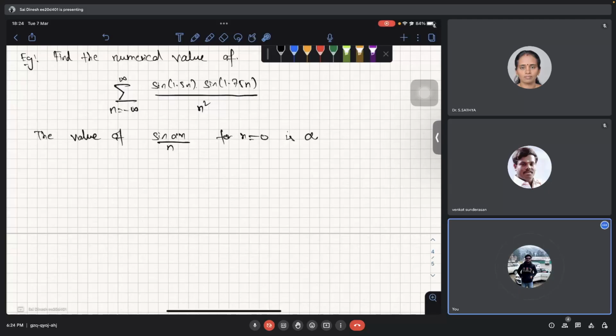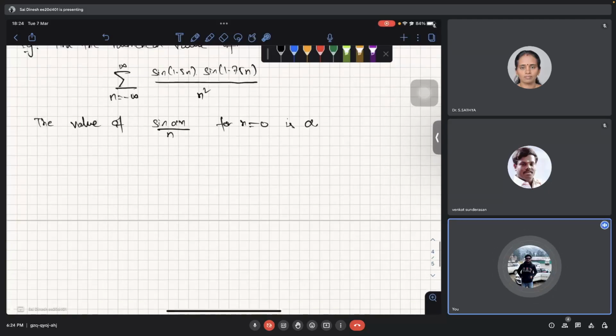Okay, so split this into 2. Here we have sin 1.5 n by n and sin 1.75 n by n, n equal to minus infinity to infinity.